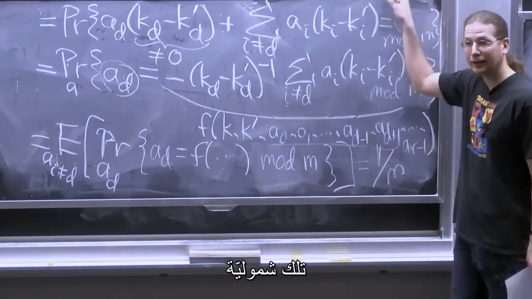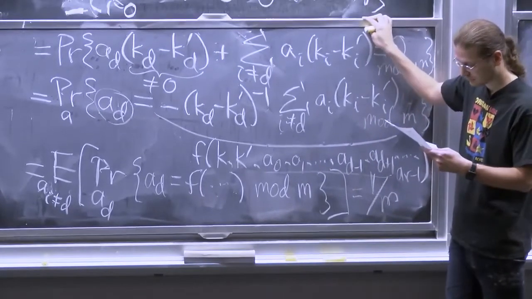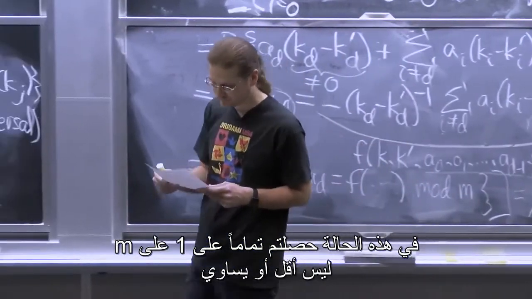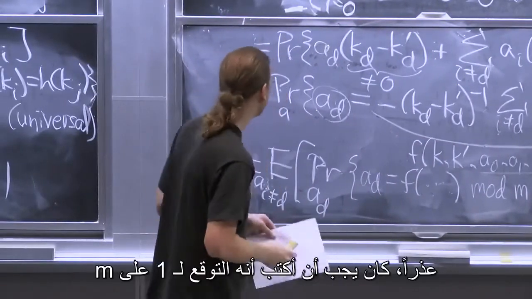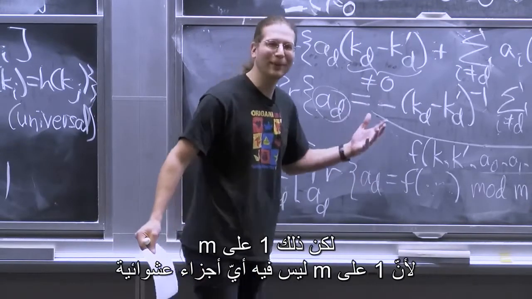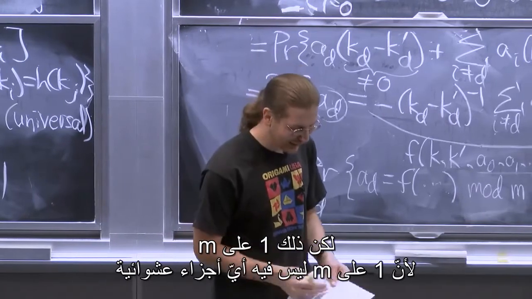And that's universality. In this case, we get exactly 1 over m, no less than or equal to. Sorry, I should have written it's the expectation of 1 over m. But that's 1 over m, because 1 over m has no random parts in it.